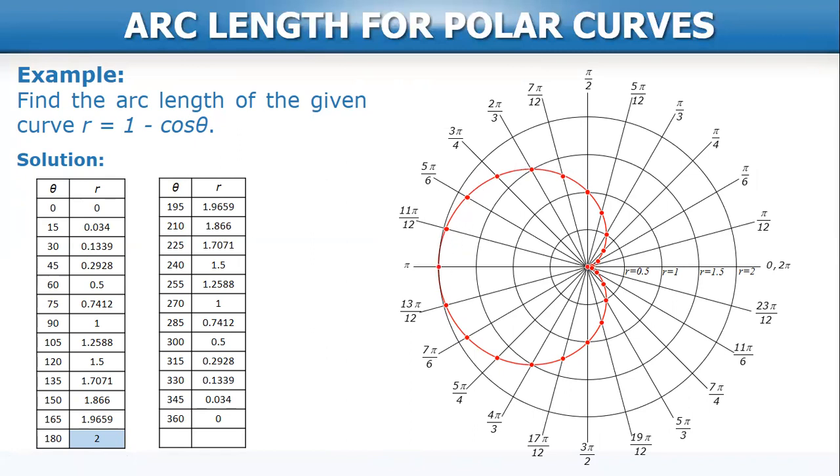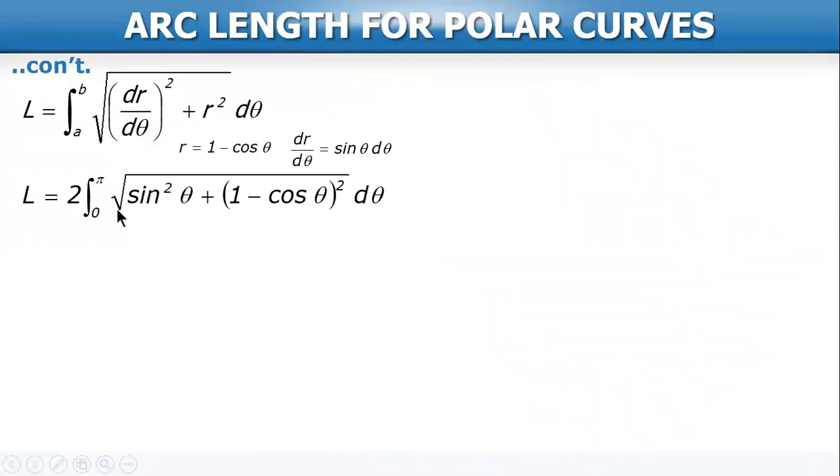If our limits will be from 0 to 180, we get this length, half only. And then we'll just multiply it by 2 for the total length. So therefore, we will use the limits 0 to pi, and then times 2.